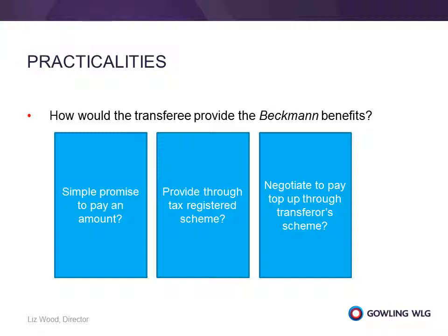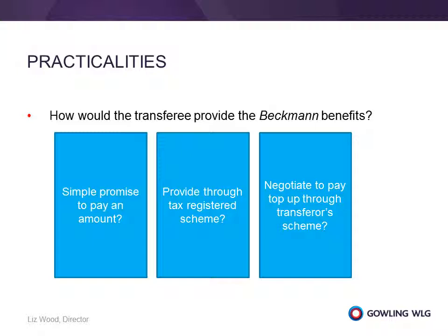In my experience, there are three main options available to transferees to deal with this. The first is simply a promise to pay a certain amount representing the value of those rights once you've established what the value is. I've also seen it done where a transferee offers to provide a replacement Beckman right through an existing, for example, defined contribution scheme, so essentially a lump sum into that scheme to deal with those liabilities.